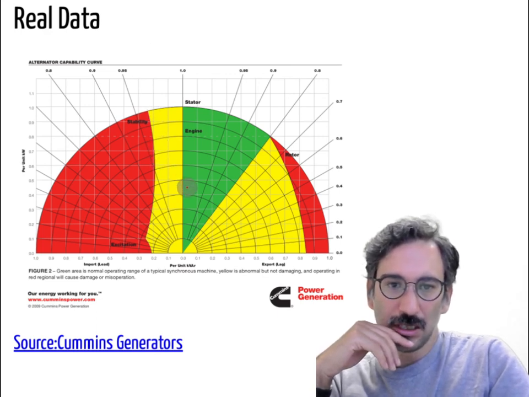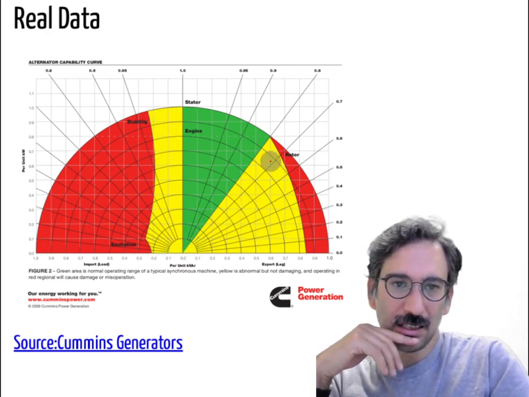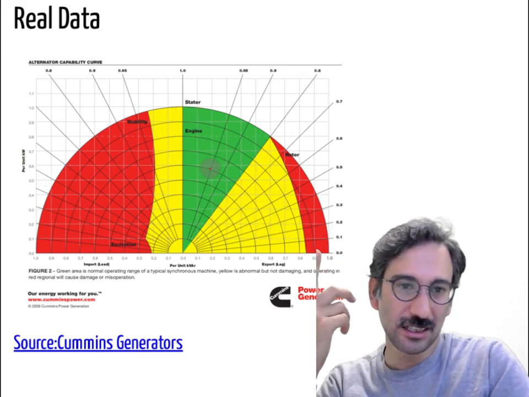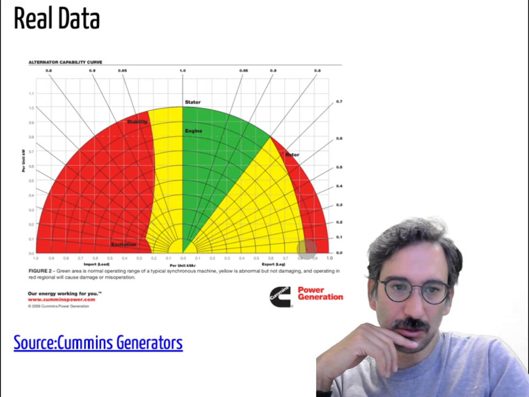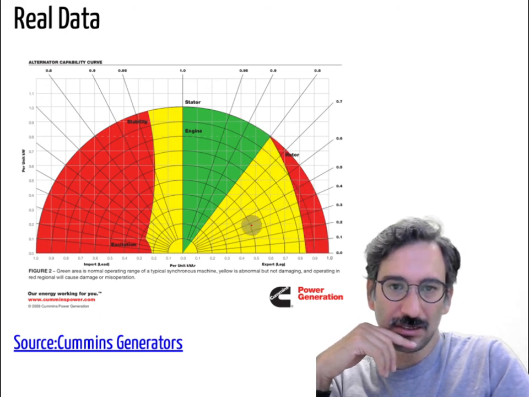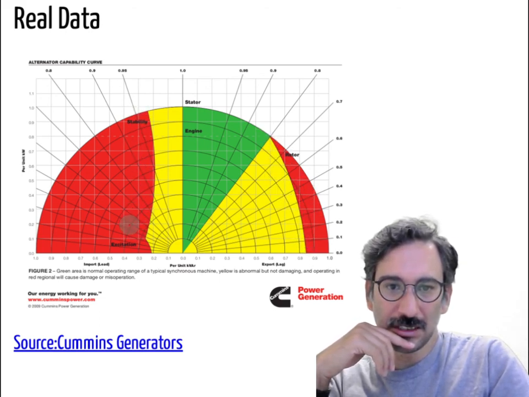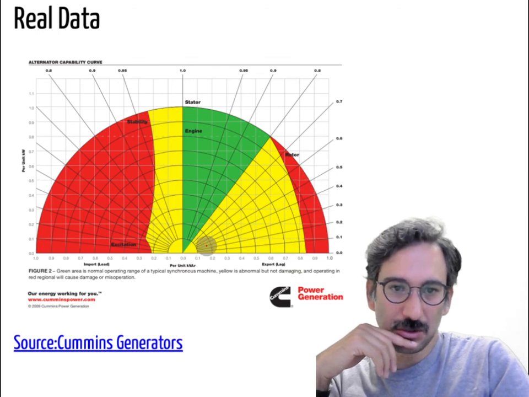Anyway, here again we have the limits. This is a different curve, so I'm not getting into too much detail, but you have the rotor heating on that region, that is the stability region, and I think there's also an excitation region here. This is the EF magnitude, I think.